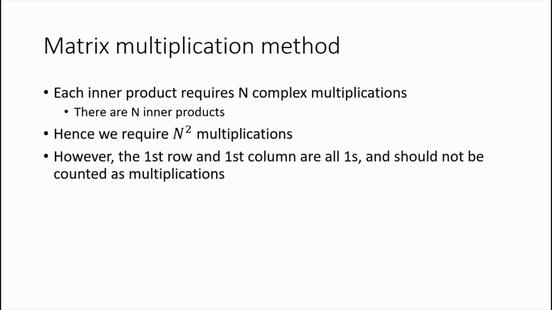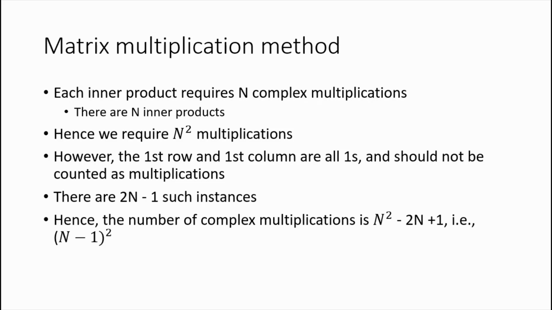However, the first row and first column are all ones and should not be counted as multiplications. There are 2N minus 1 such instances. So the number of complex multiplications is N square minus 2N plus 1, or N minus 1 whole square.